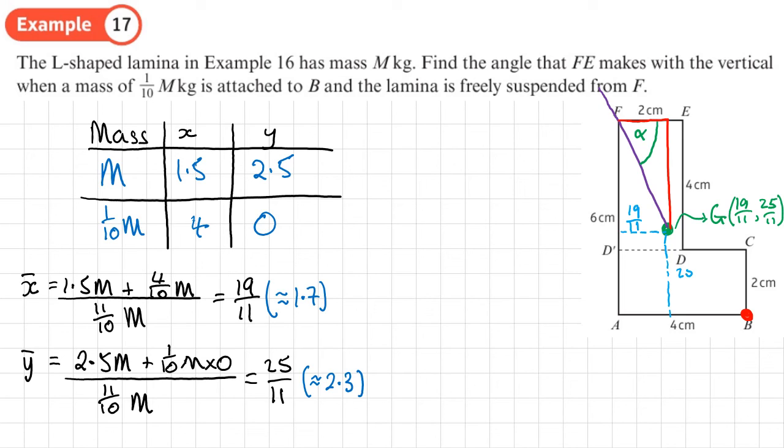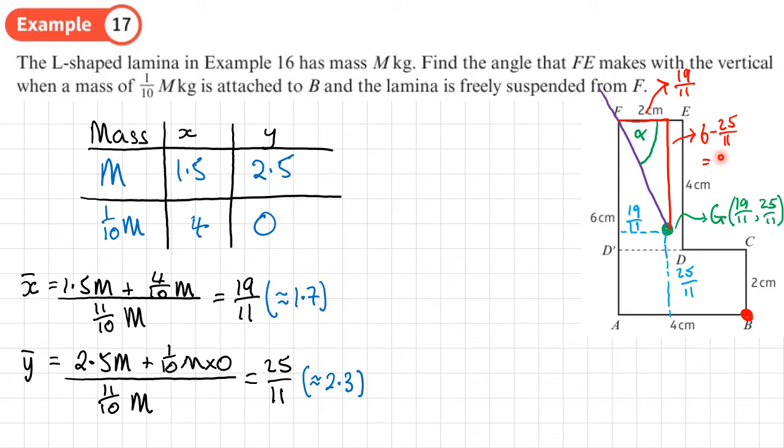This is 25 over 11 from the bottom up to there. So that means that this length up here is going to be 19 over 11. Then to find this side here, I know this is 25 over 11 up to here. The whole side is 6. So if I do 6 minus 25 over 11, I'm going to get the length of this side, which is opposite to the angle I want to find.